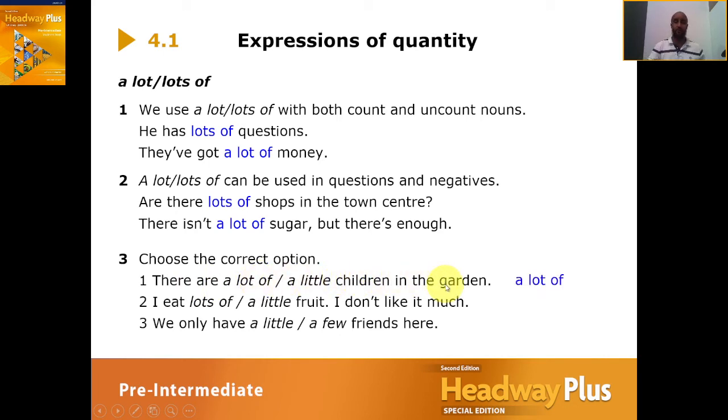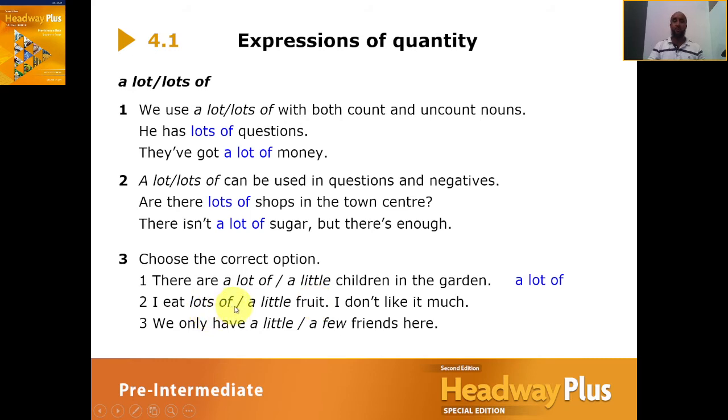Number 2, here we say I eat, the verb I eat. So here we can say lots of or a little fruit. Here we have the main noun fruit. Now fruit is uncountable.